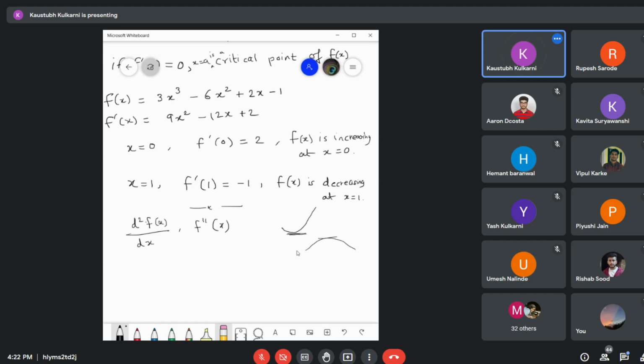So if f double dash at x equal to a is greater than 0, then f(x) is, okay, let's continue this discussion a little bit.